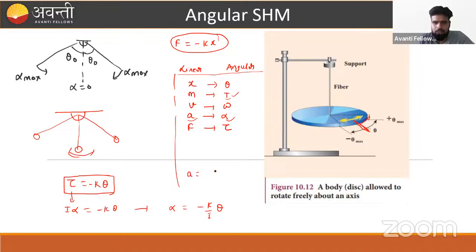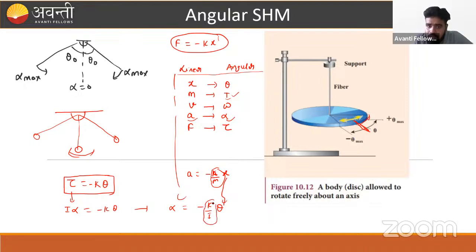Here in linear SHM, A equals minus K by M into x, and K by M is known as omega square. Yes or no, beta? In place of a, alpha, and in place of x, theta.